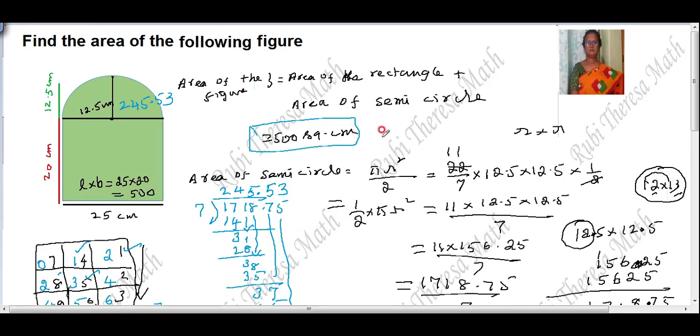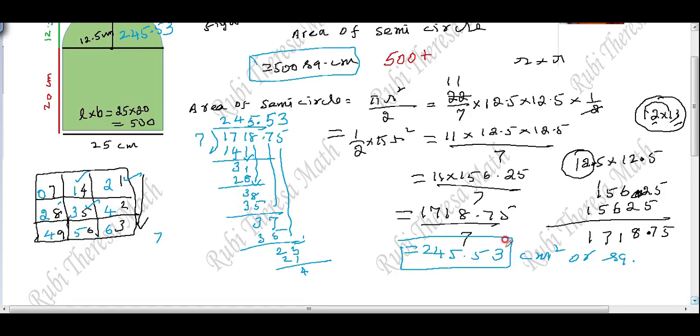That is 500 plus 245.53, which is 745.53 square centimeters.